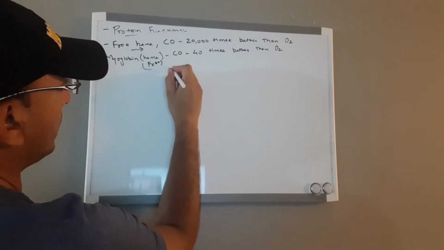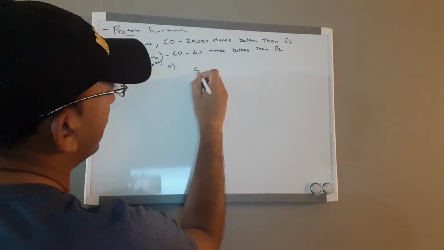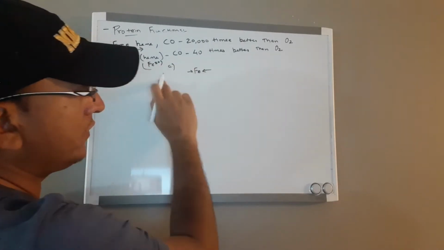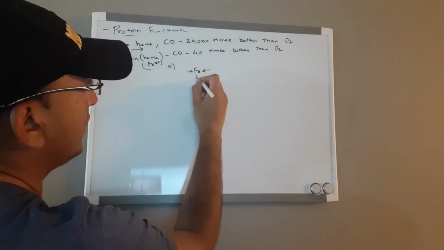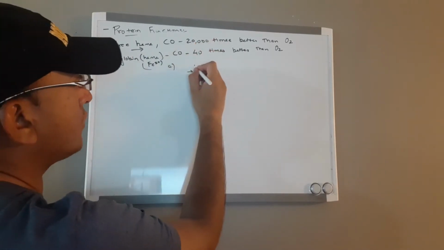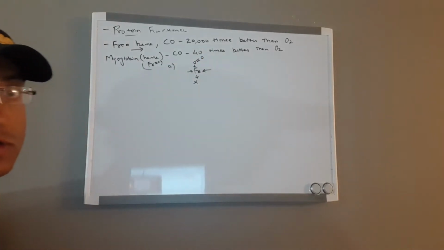So for example, this is our Fe2+ ion, right? It has the nitrogens, all of them. But when it binds with the oxygen, it will be like this. So that is the geometry.